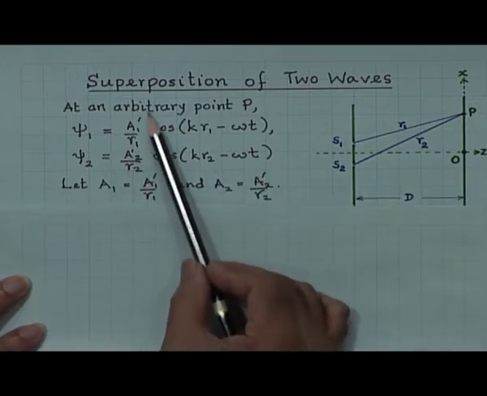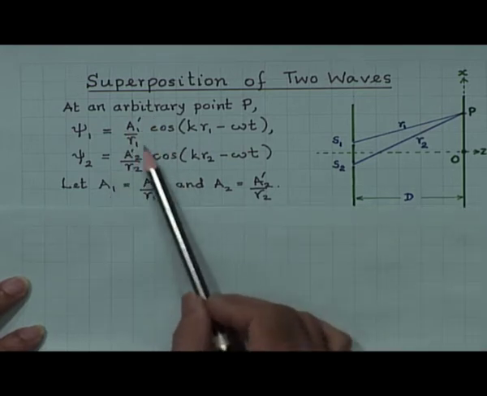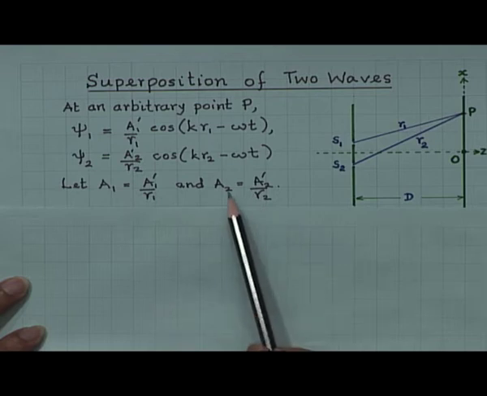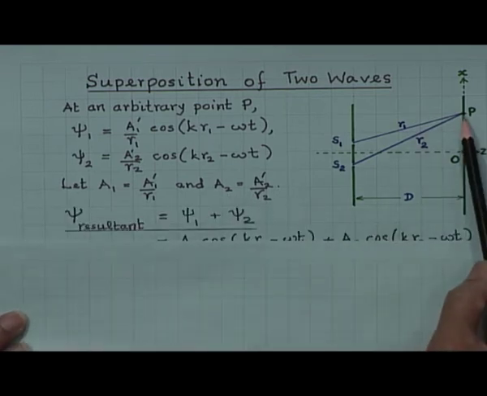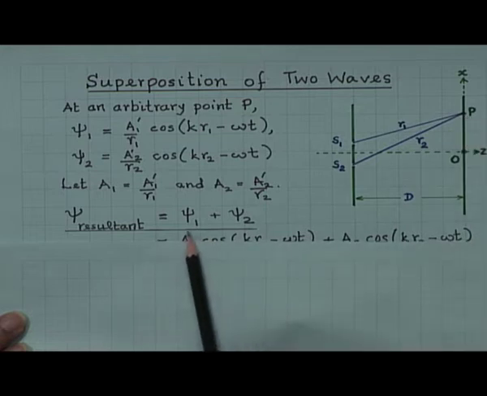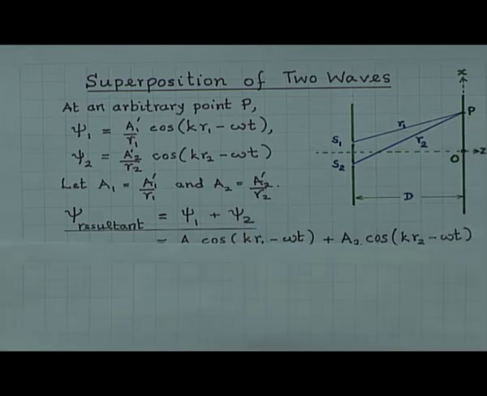If we denote A1 dash by R1 as A1 and A2 dash by R2 as A2, then the resultant at the point P is the superposition, which means we sum psi 1 plus psi 2. Psi resultant at the point P is equal to psi 1 plus psi 2.